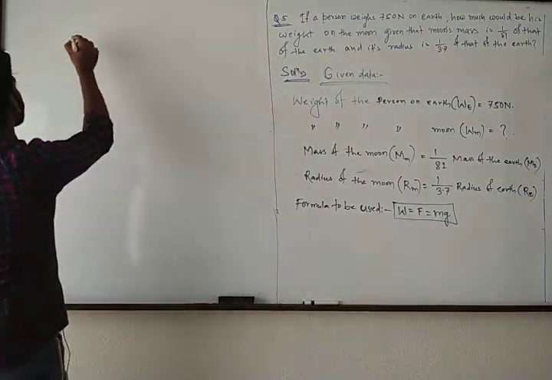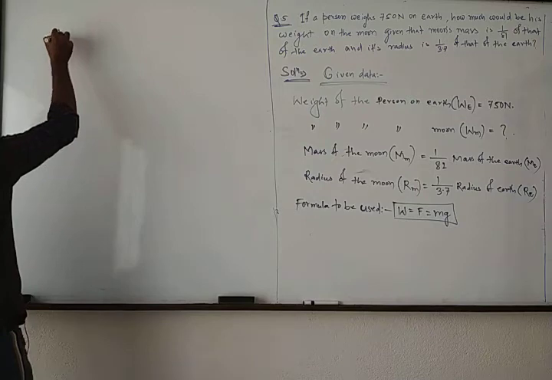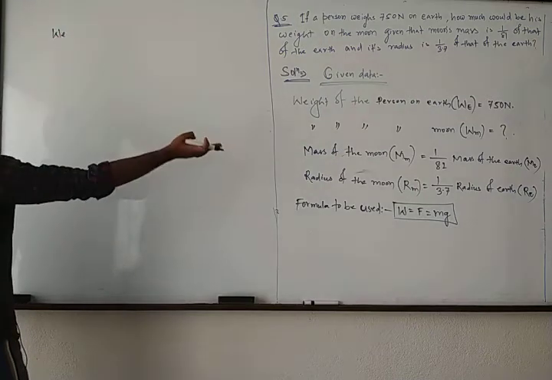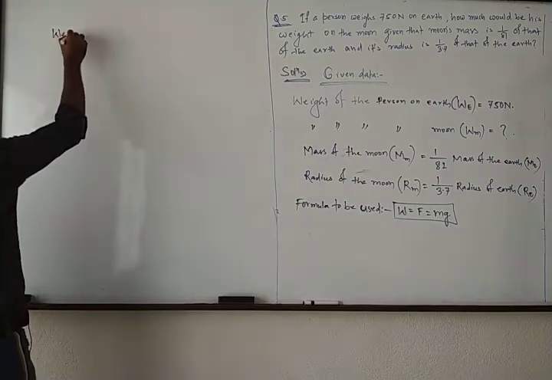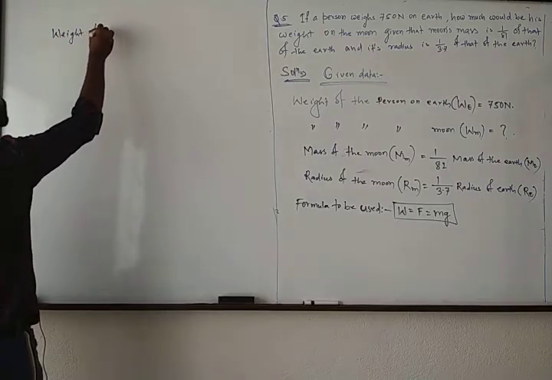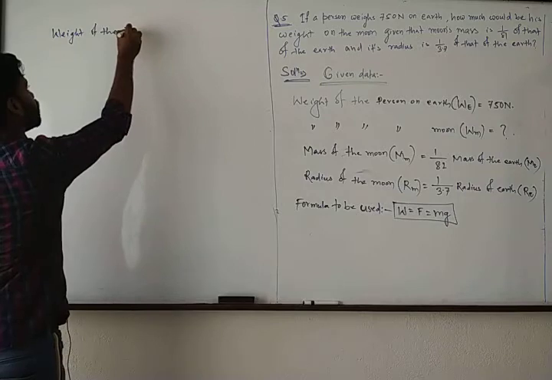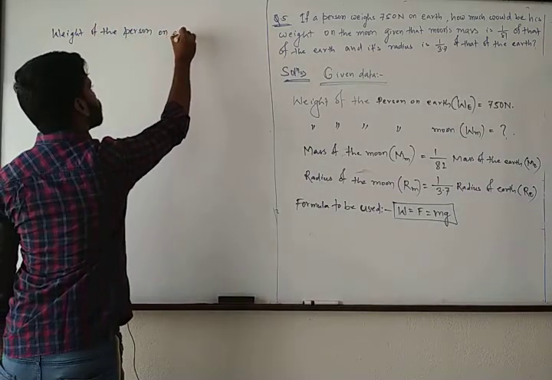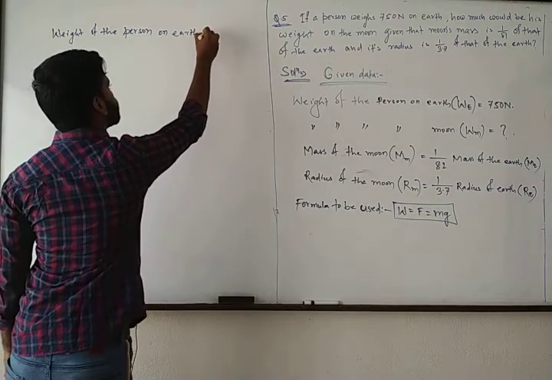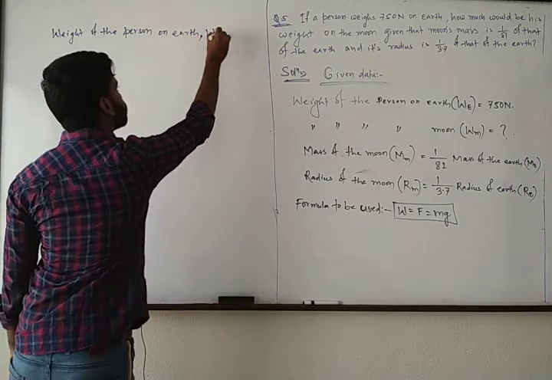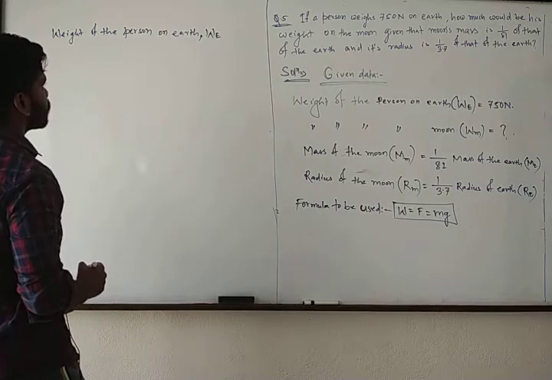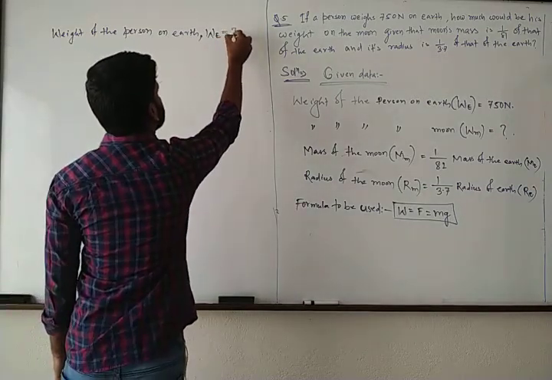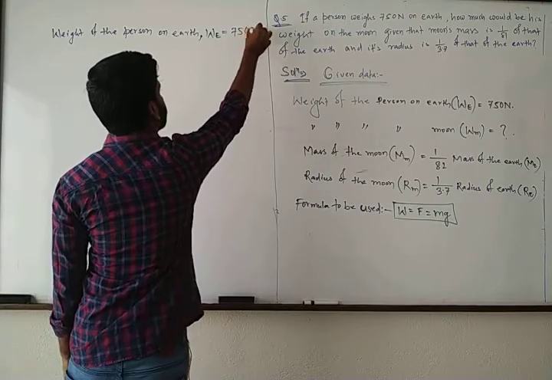Okay, यहाँ से हमारा सॉल्यूशन शुरू होता है. ये तो हमारा गिवन डेटा था. Weight of the person on Earth, that is W subscript E, it is 750 Newton.